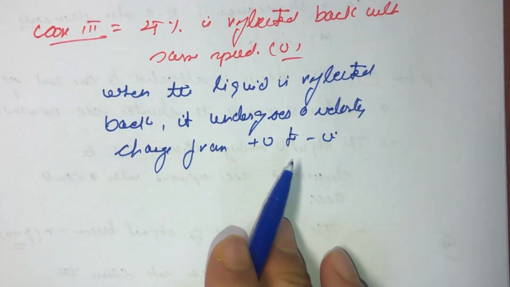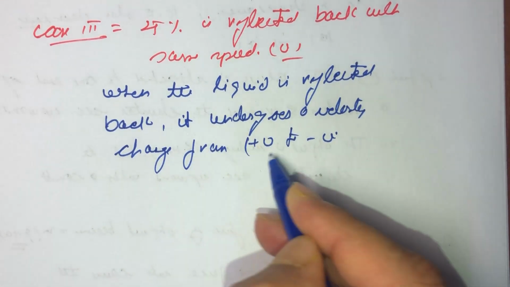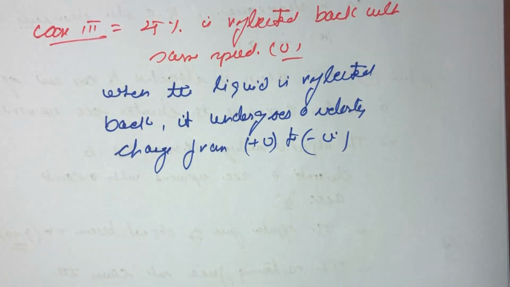Magnitude will be same but direction will be opposite, so it becomes plus v to minus v.